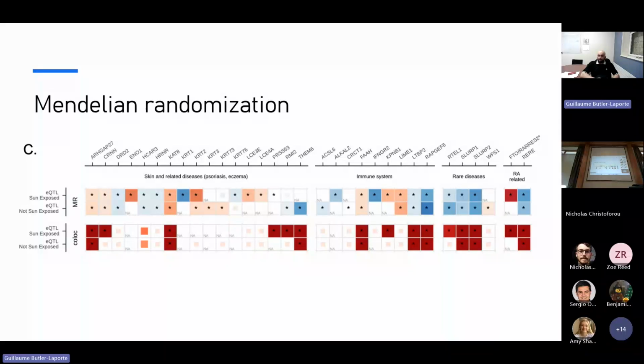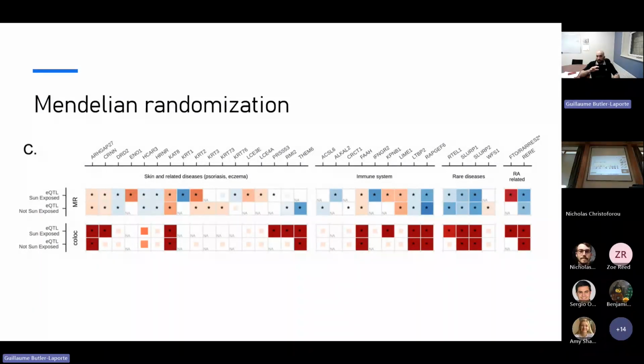We looked at whether or not we had data on gene expression in the skin, either sun-exposed skin or not sun-exposed skin. And to do this, we used the GTEx consortium data, if you've heard about it. And then we used Mendelian randomization to see if gene expression in the skin of those different genes was actually associated with the risk of dermatophytosis.